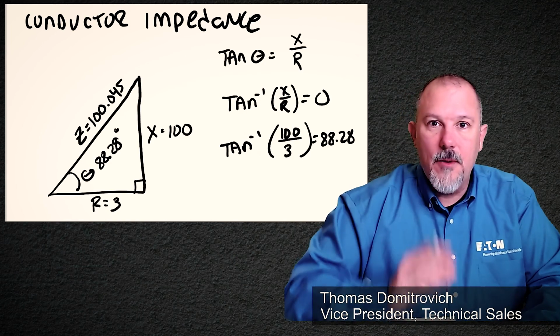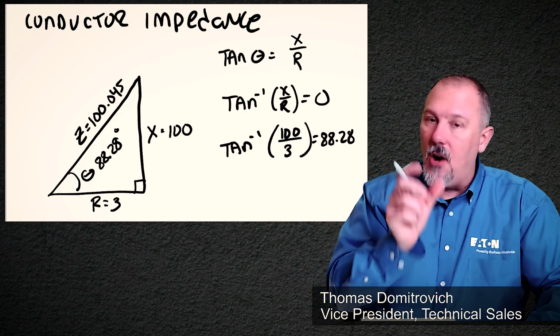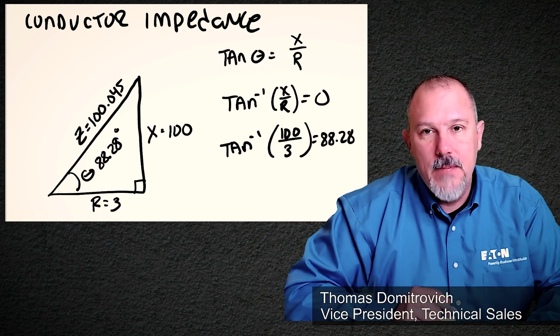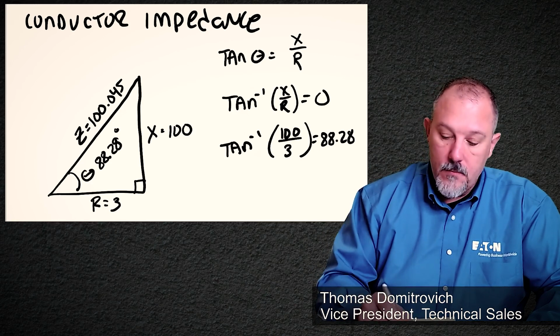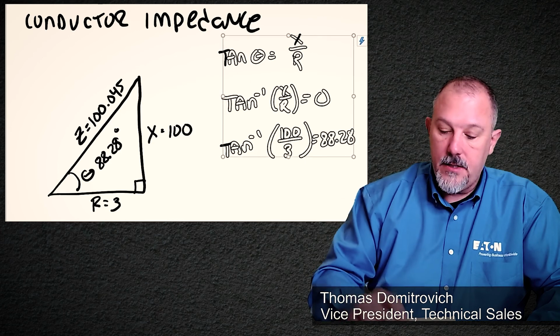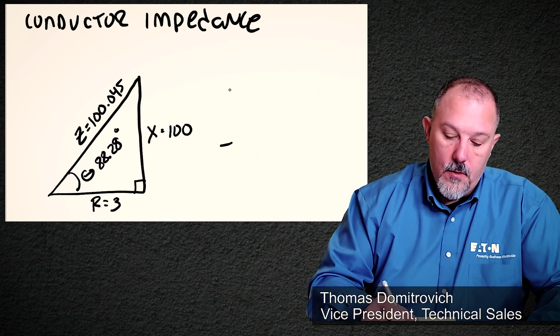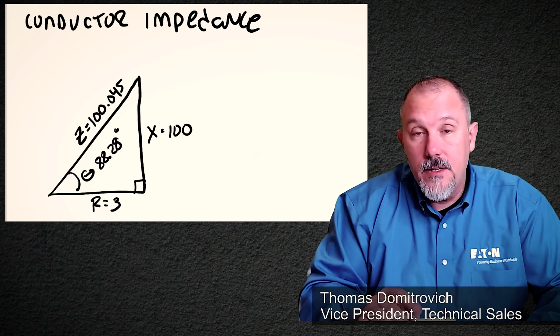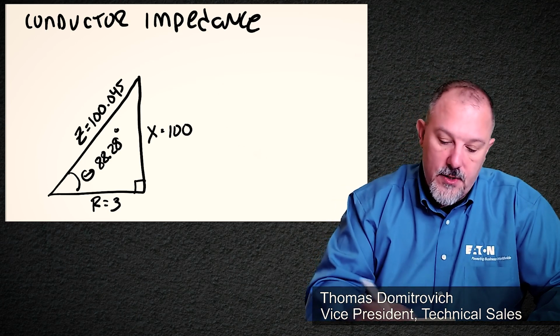It's almost 90 degrees because X is really big and R is really small. So that gives me, if this was my conductor, knowing the resistance and the reactance, what I call, and what complex variables calls, rectangular coordinates.